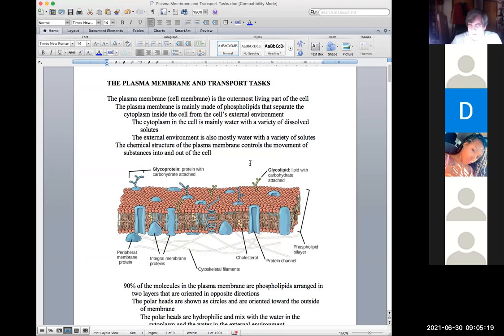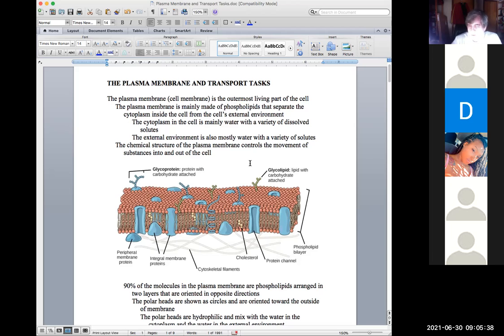So in a sense, when we talk about controlling how things move into the cell or out of the cell, another way to think about this is keeping the water and everything in the water on the inside of the cell separate from the water and everything in the water on the outside of the cell. We don't want those two to mix.